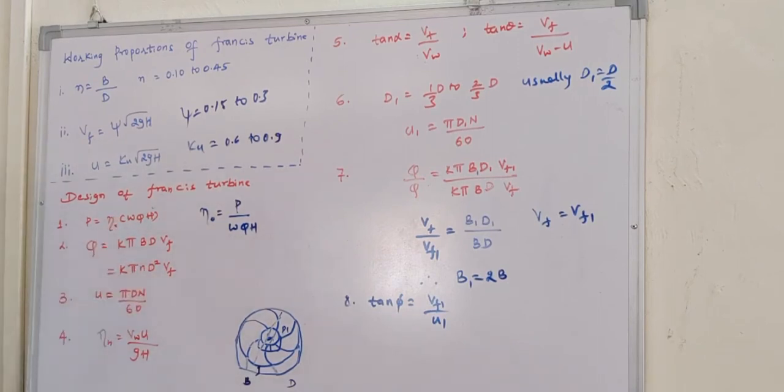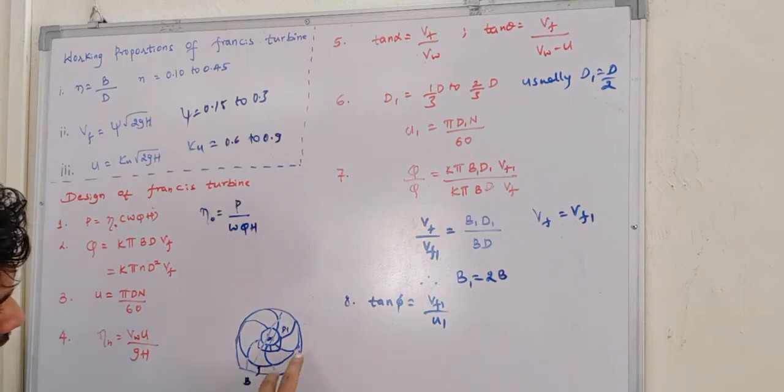Next, we will try to understand how much discharge is entering into the runner. To understand that, we will look at the figure here. These are the two vanes I have, and between these two vanes is the gap.